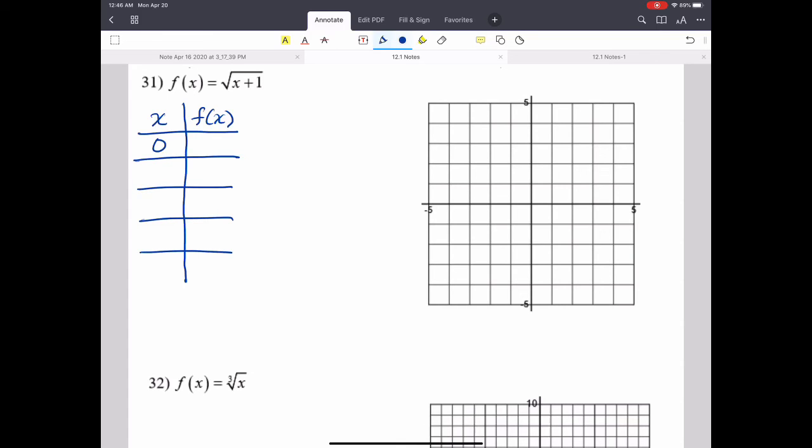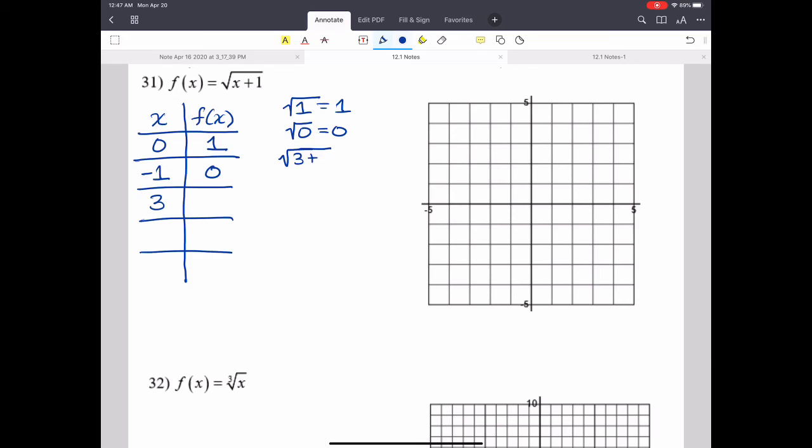Okay, so I'm going to throw in some inputs there. So we've got square root of 0 plus 1 is 1, and then that's going to be 1 still. Let's say we put in -1. It's going to go backwards here a little bit. Well, -1 plus 1 is 0. So square root of 0 is still 0. Let's say I put in x is equal to 3.